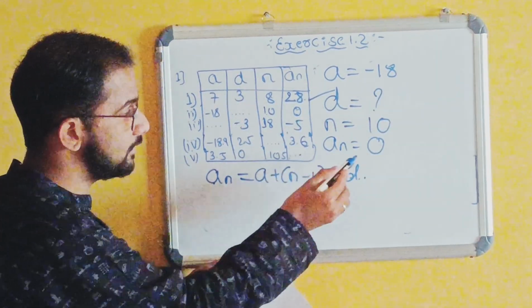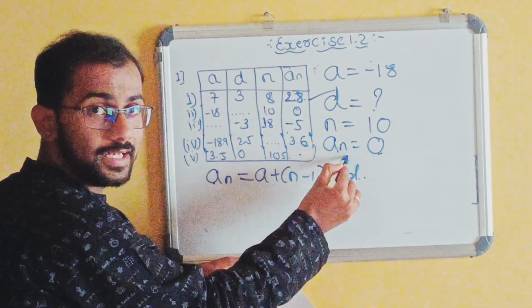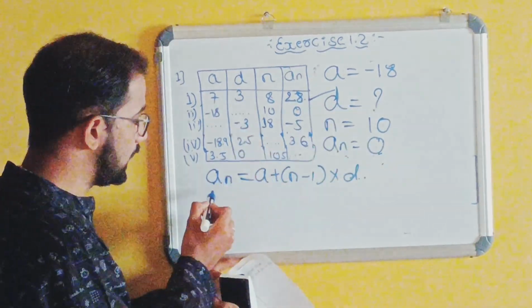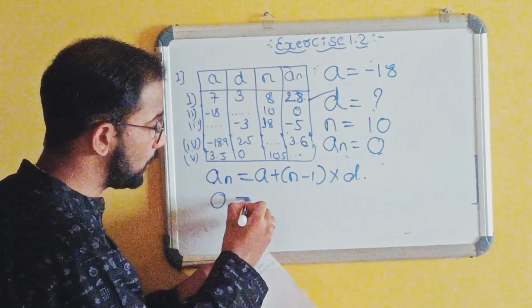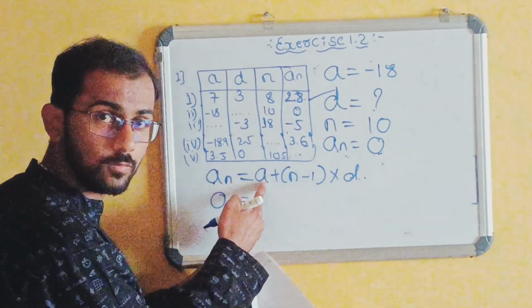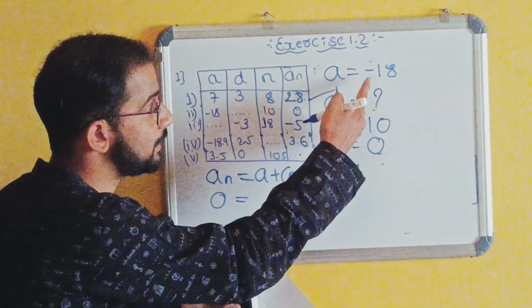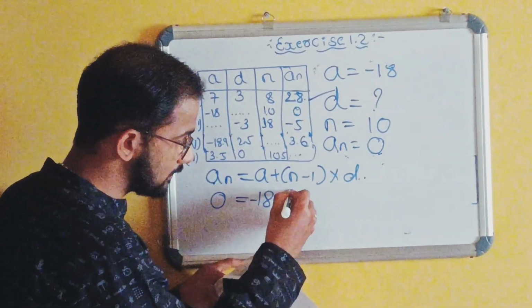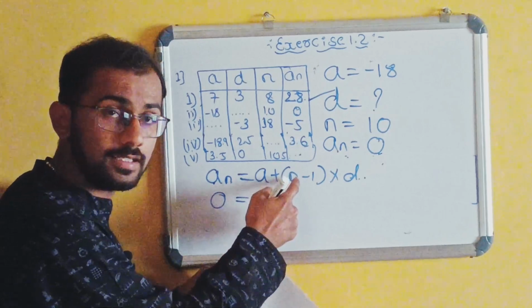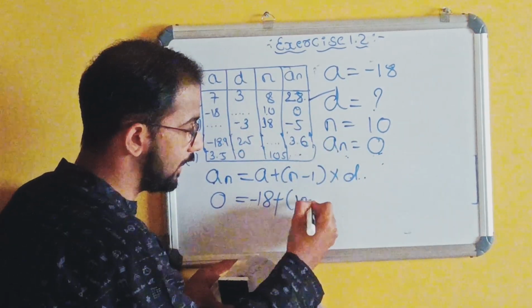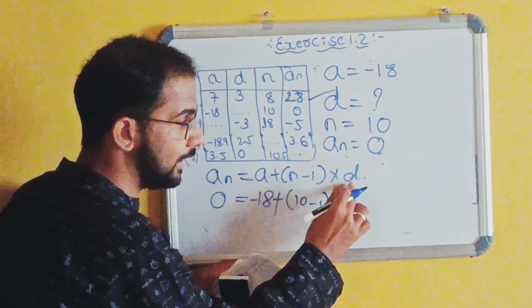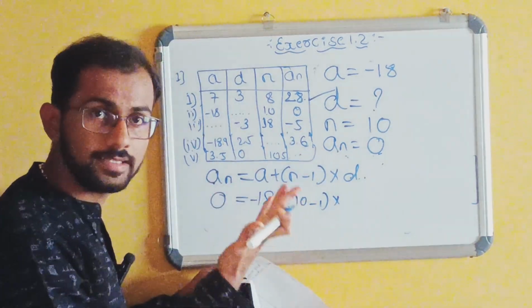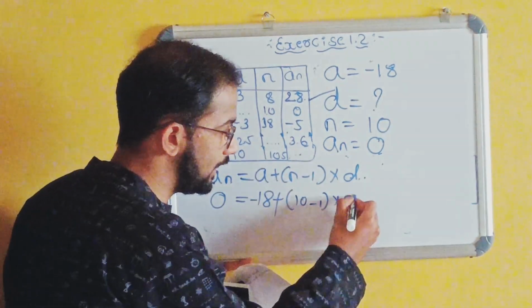An is given, An is 0. Substitute over here: 0 equals, what is the value of A? What is the first term? First term is minus 18. Substitute here, plus n. n is given, 10, minus 1 into D. We don't know the value of D, that is the task given, so keep D as it is.